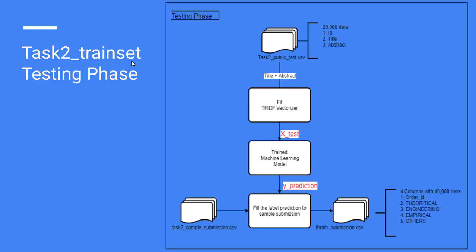So after I did the training, I do the testing phase. In the testing phase, we choose the task 2 public test set with 2000 data. From the 2000 data, I use the title and abstract text to fit into the TF-IDF vectorizer that we already trained before in the training phase.